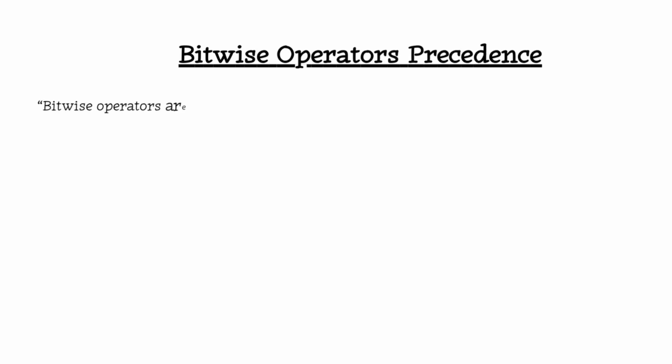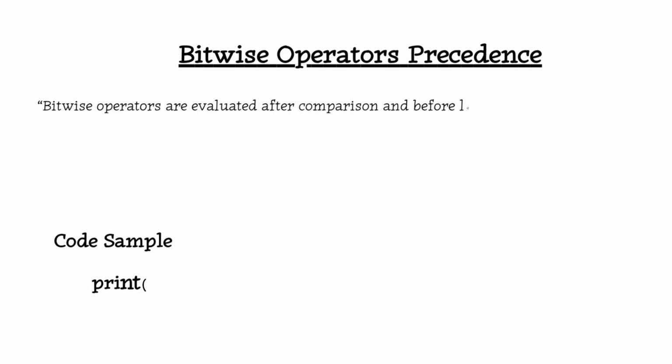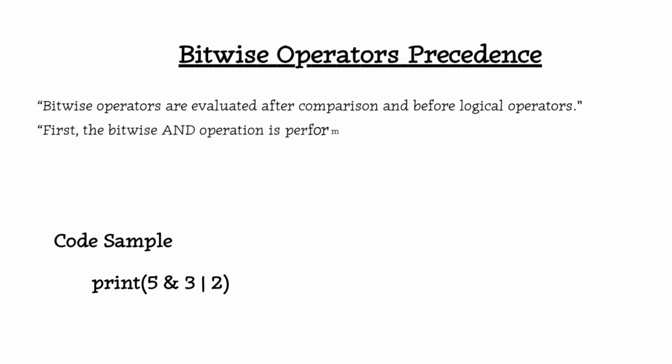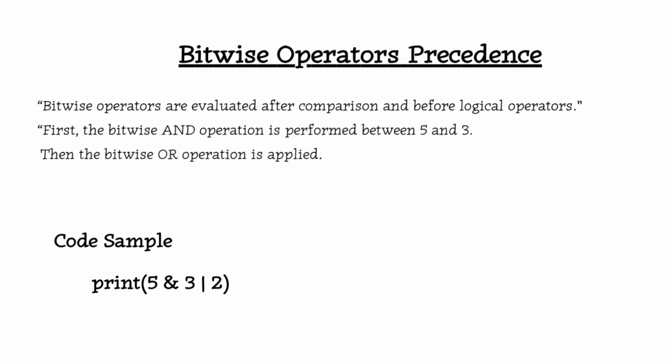Let's talk about the bitwise operator precedence. Bitwise operators are evaluated after the comparison operators and before the logical operators. For the same, I have shown a small code snippet on the screen. Just bear with me, I will explain how the expression works. Here I have printed 5 and 3 or 2 using a print statement.